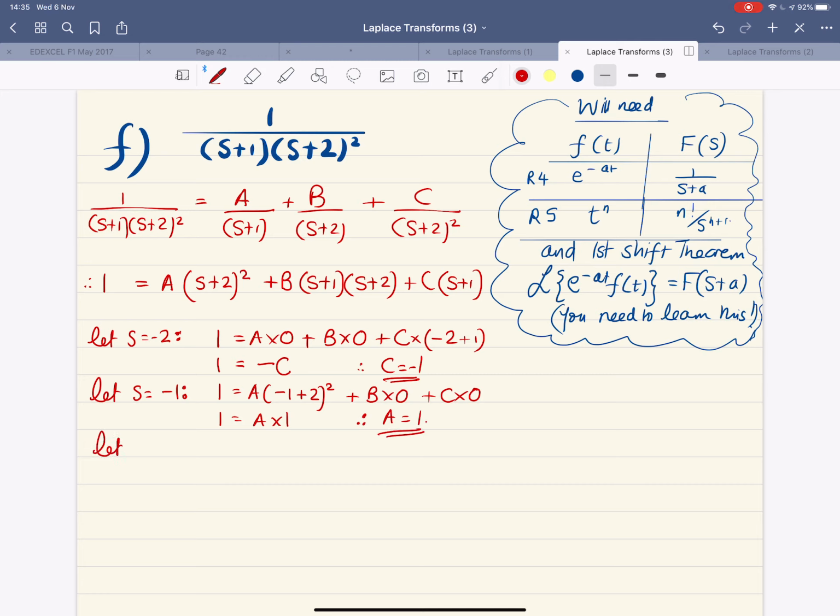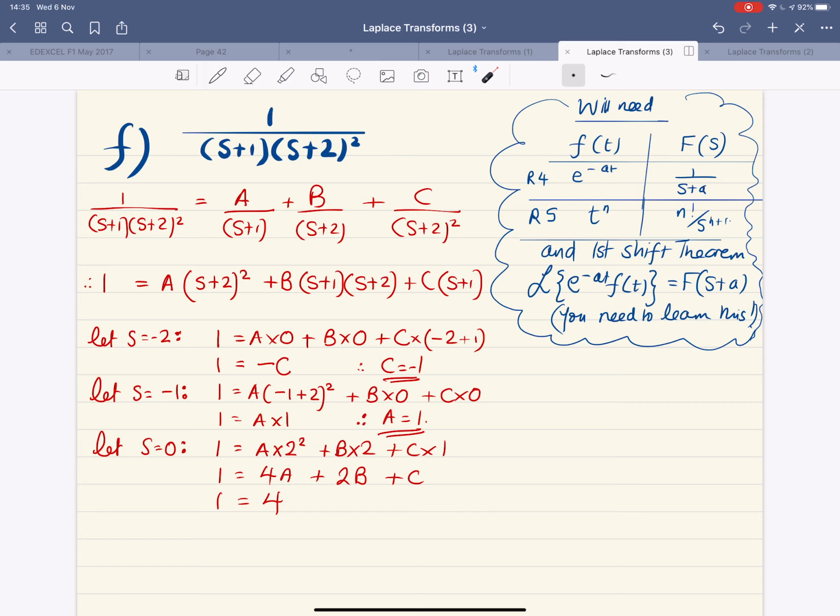And the final one, let s is nothing. Because I've exhausted the possibilities with minus 2 there and there and minus 1 there and there. So I've just got to pick a third value and I pick nothing. So we have 1 is A times 2 squared plus B times 2 plus C times 1. So 1 is 4A plus 2B plus C. A is 1 from up there, so 4 times 1 is 4.